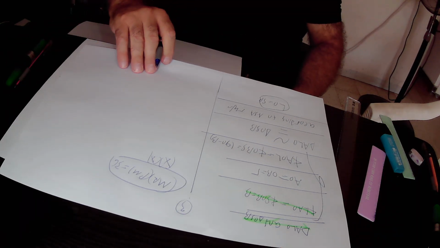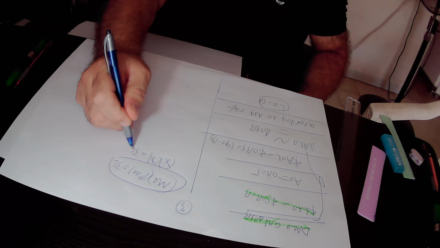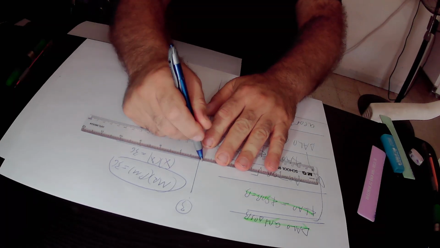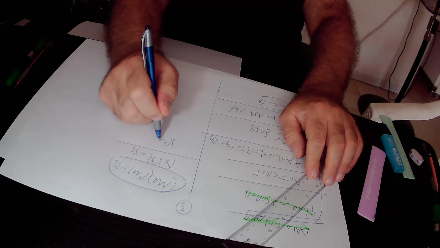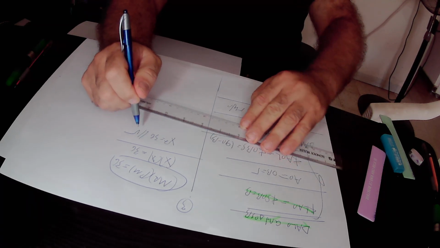So MQ times PM is x times x, that is 36. x times x is x squared. So x squared equals 36. Here we take the square root of the equation.